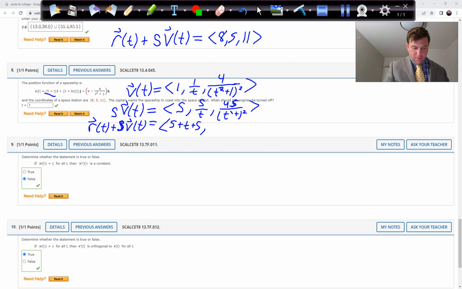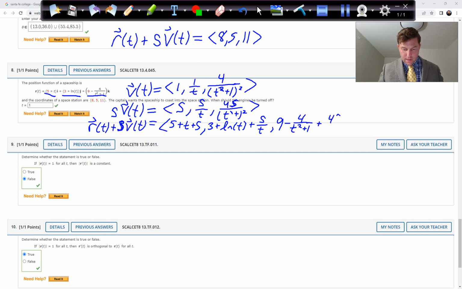The second component of this was 3 plus natural log t, so it's 3 plus natural log t plus s over t. And then the third component was 9 minus 4 over t squared plus 1.